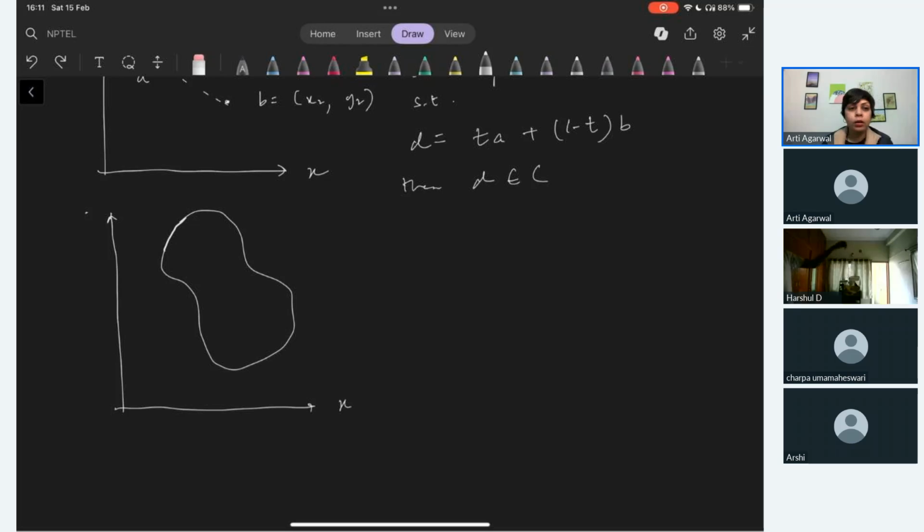if you take any two points on this consumption set, here and here, and you join these by a line, then this line should lie completely inside that set.